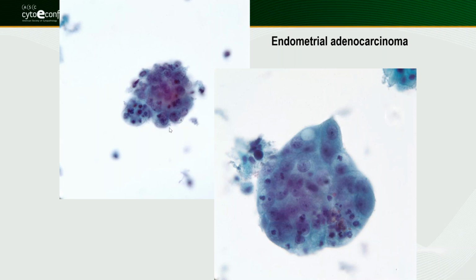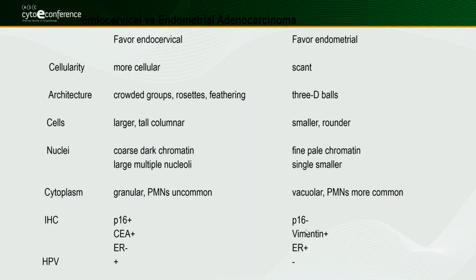And then the criteria separating endocervical adeno and endometrial adenocarcinoma are not entirely specific or reliable. Even on histology, sometimes we have problems telling if it's endocervical adeno or endometrial adeno, because it does change management, the surgery and the treatment.